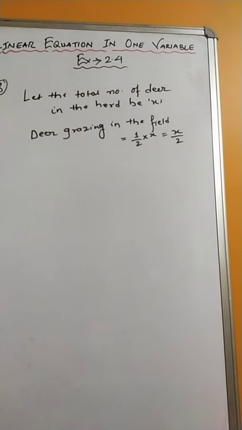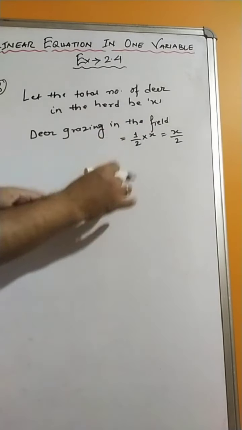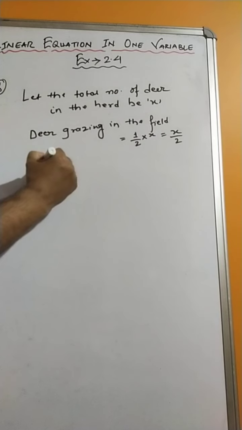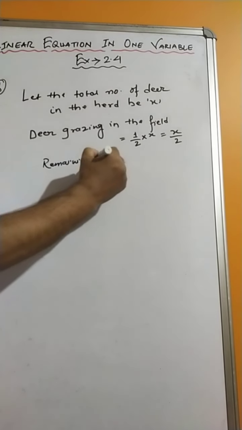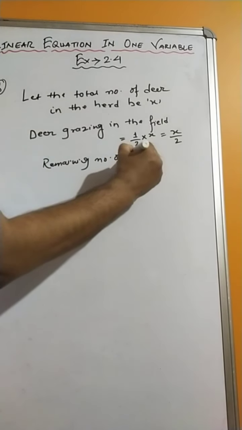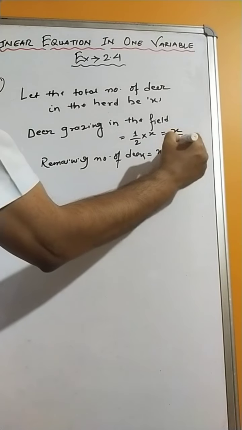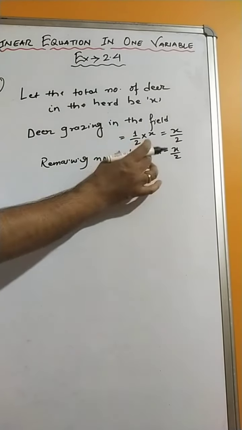Now they have said that half of the deer are grazing in the field and 3/4 of the remaining. If half of the herd are grazing in the field, what number of deer are remaining then? From the total number, X/2 deer are already grazing, so if we subtract we will get the remaining number of deer, isn't it?